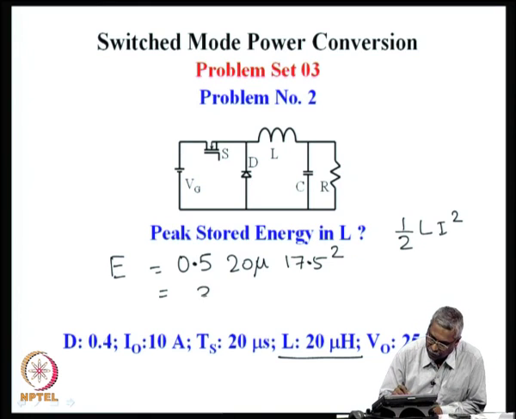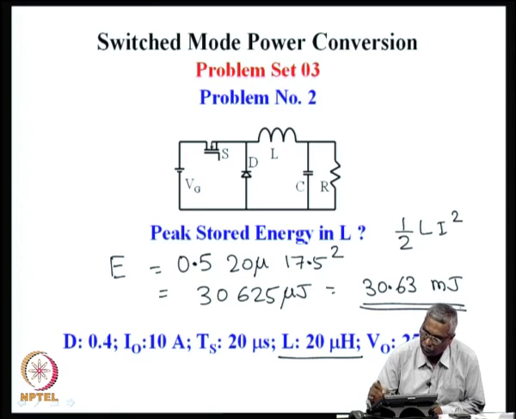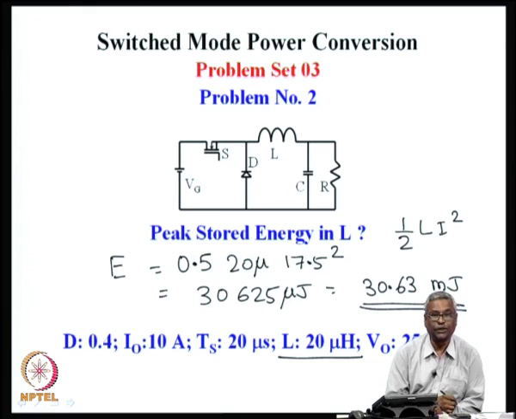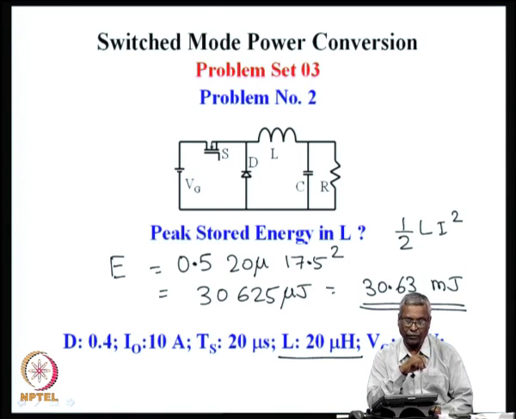So, because of this micro, it will be microjoules, 0.5 into 20 into 17.5 whole square, that is 30625 microjoule and that is equal to 30.63 millijoule. So, the peak energy that is stored in the inductor is half Li square and that is 30.63 millijoule.